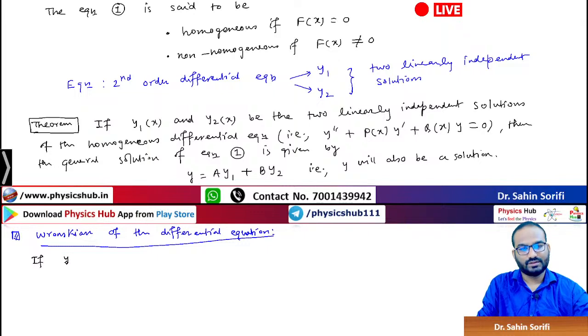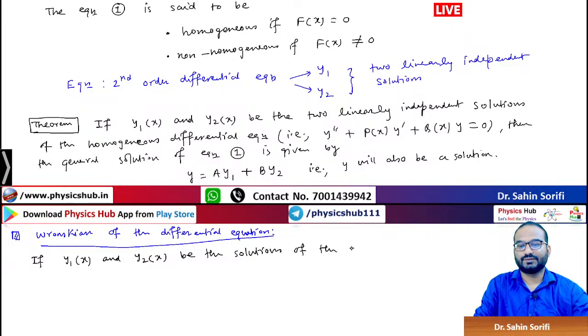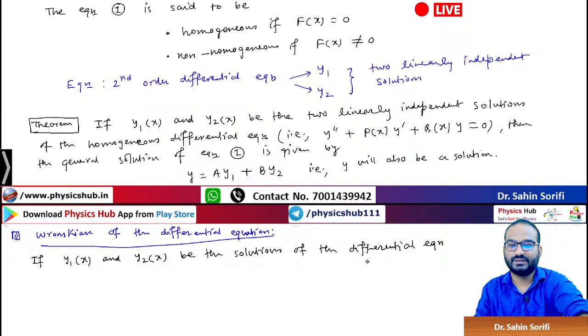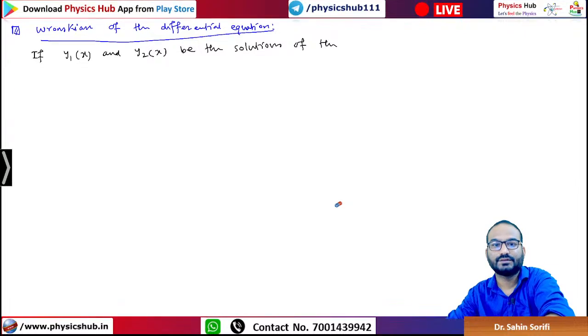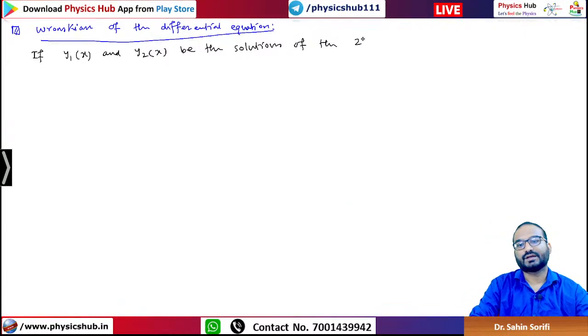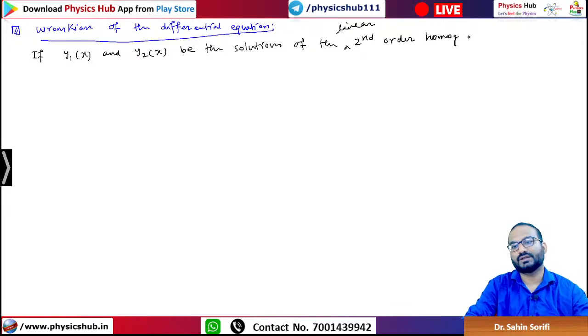Let's say if y1 of x and y2 of x be the solutions of the linear second order homogeneous differential equation, f of x equals 0.